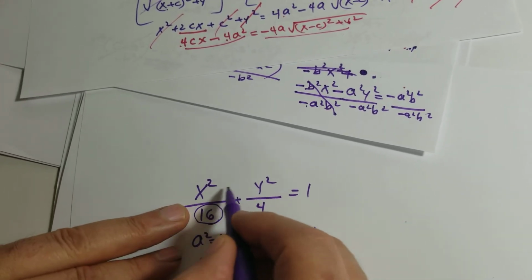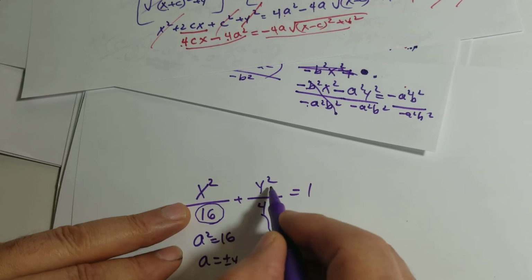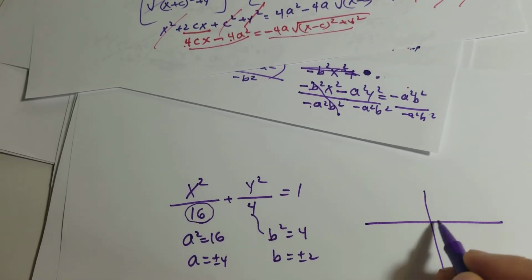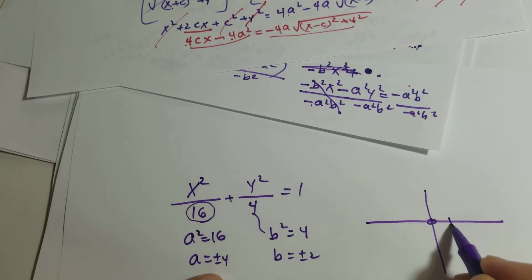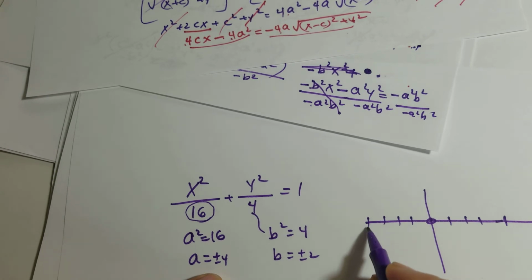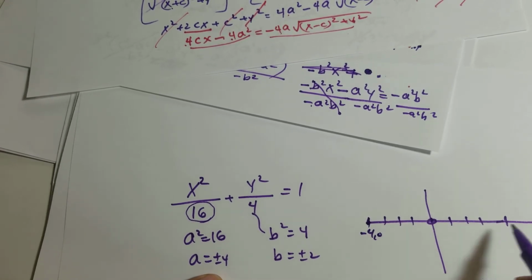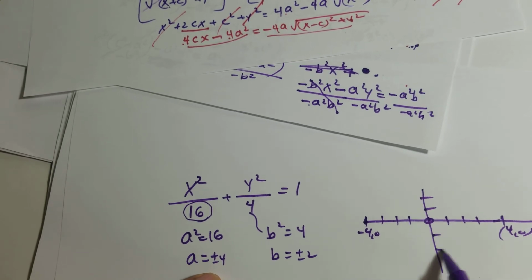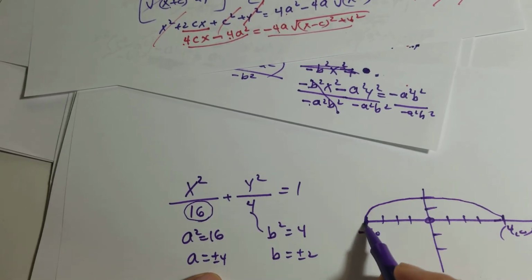Because x doesn't have plus minus h, doesn't have plus minus k, the center is 0, 0. Your a is 4, your negative a is negative 4, your b is 2 and negative 2, that's your ellipse.